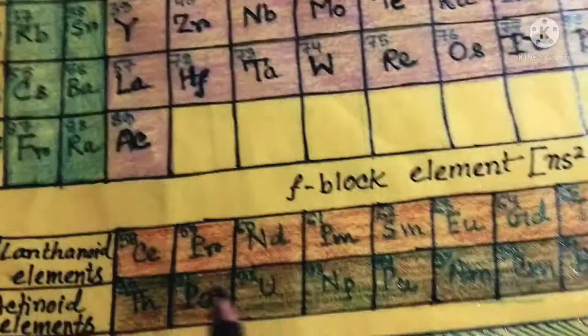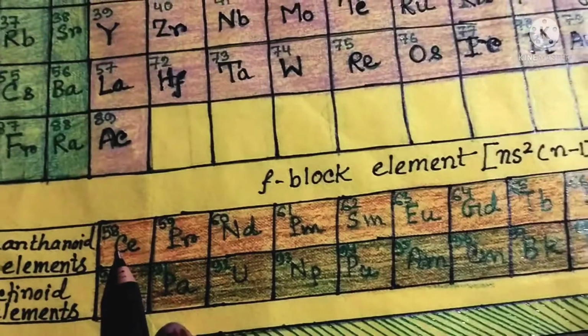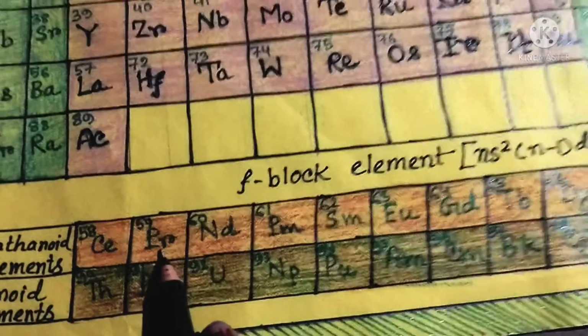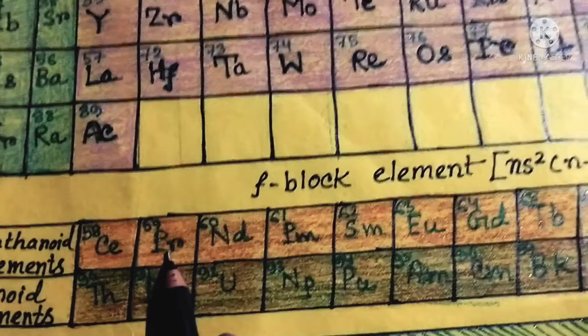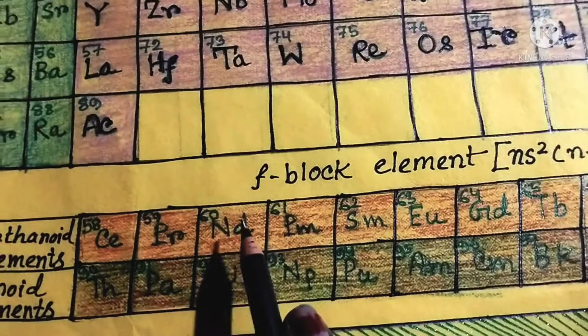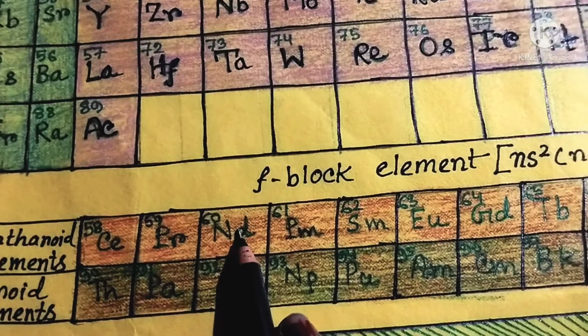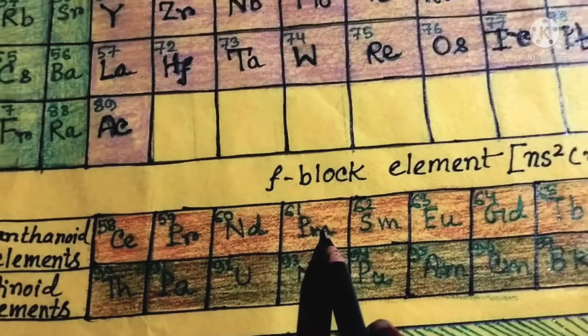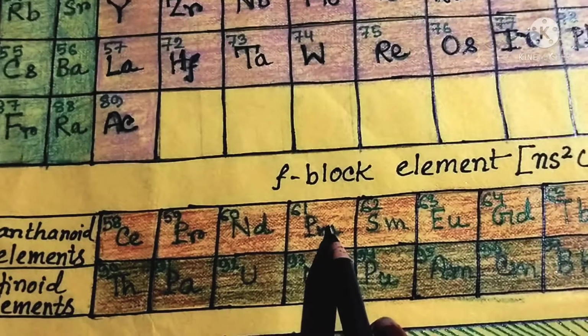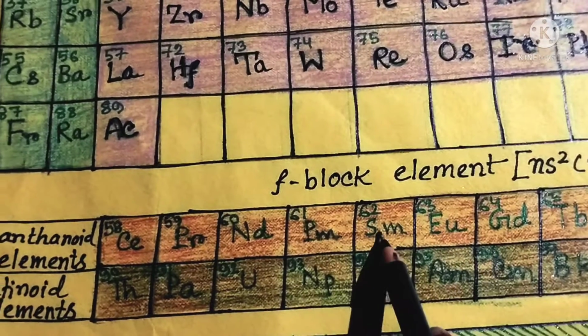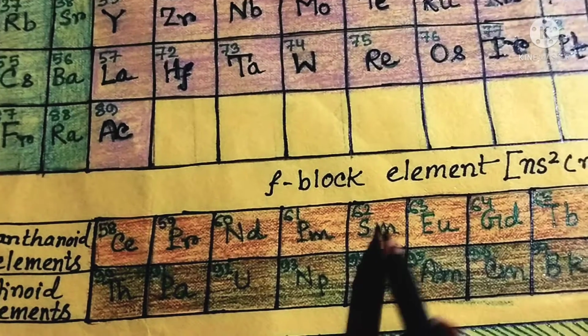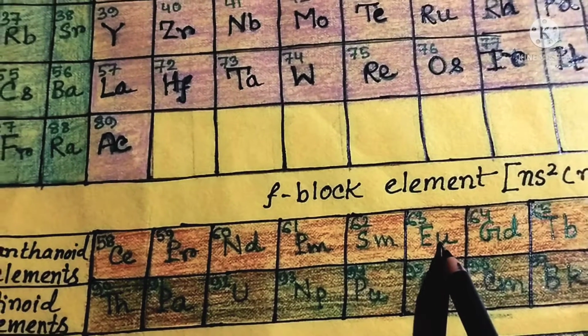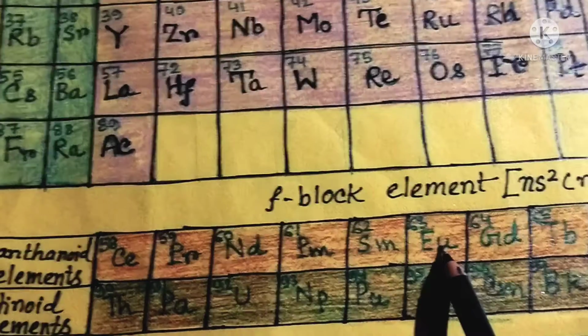So let's see. In 58 it is cerium. Next is Pr 59, praseodymium. Next is Nd 60, neodymium. Next is Pm 61, promethium. Next is Sm 62, samarium. Next is 63 Eu, europium.